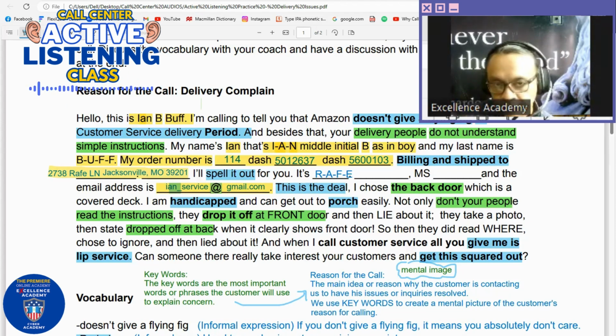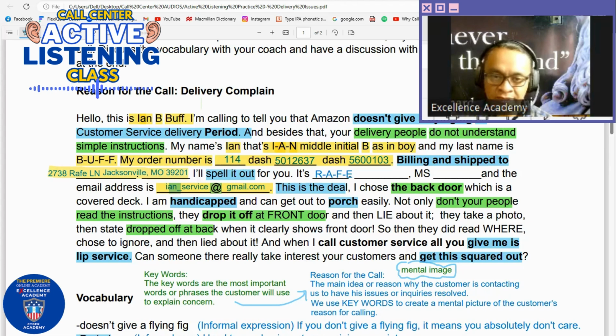My email address is ian_service@gmail.com. This is the deal. I chose the back door, which is a covered deck. I am handicapped and can get out to the porch easily. Not only don't your people read the instructions, they drop it off at the front door and then lie about it. They take a photo, then state dropped off at back when it clearly shows front door. So then they did read where, chose to ignore, and then lied about it. And when I call customer service, all you give me is lip service. Can someone there really take interest in your customers and get this squared out?